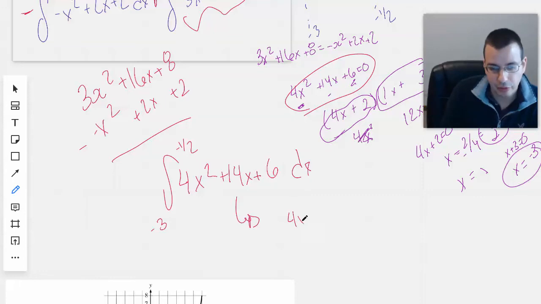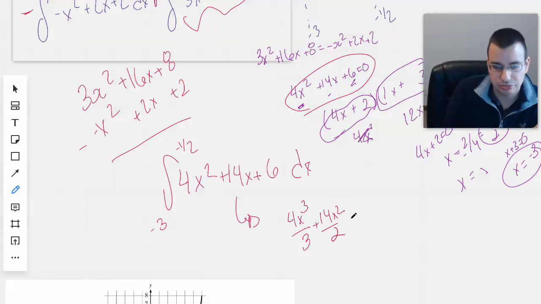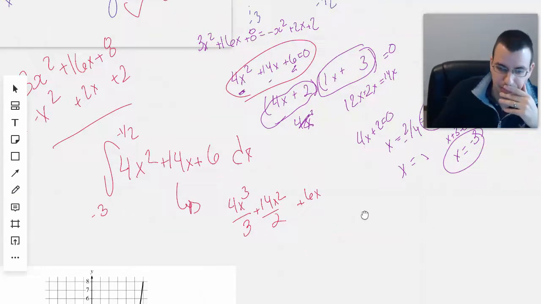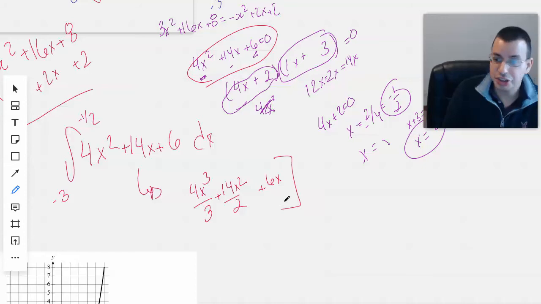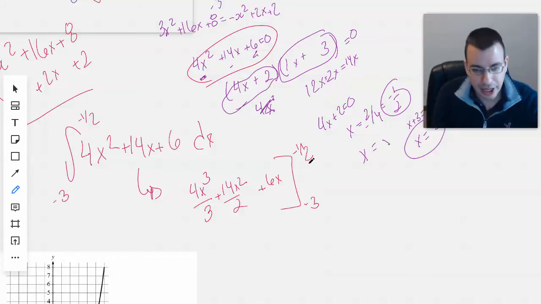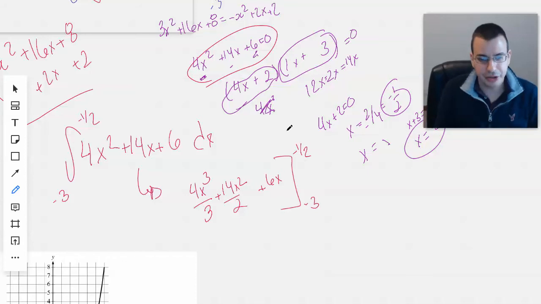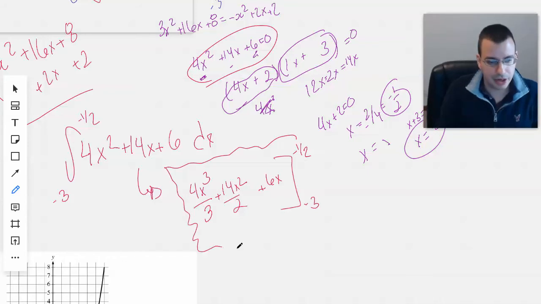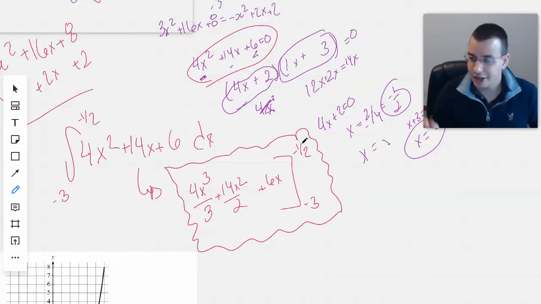So we have 4x cubed over 3 plus 14x squared over 2 plus 6x, because it's just the power rule a few times, from negative 3 to negative 1/2. Now, normally I would go through and do all the math, but I have confidence that you understand that concept by now.